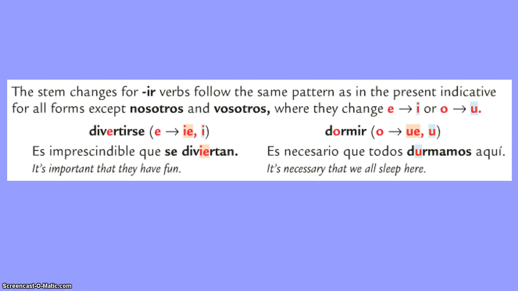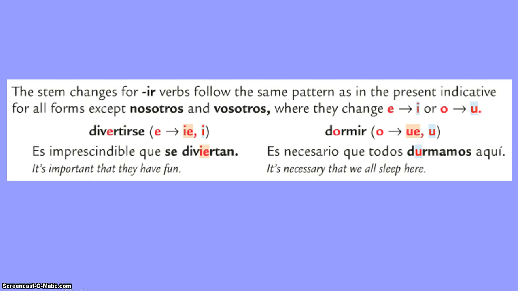Now, if that had been the nosotros form, I would have said es imprescindible que nos divirtamos. Same thing with dormir. Dormir is usually an O to UE stem changer. It's going to be an O to UE stem changer in all forms, except for the nosotros and vosotros. It's going to be an O to U stem changer.